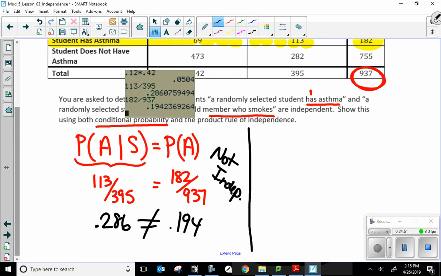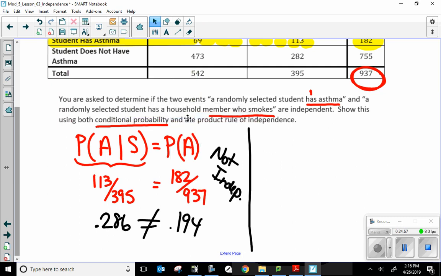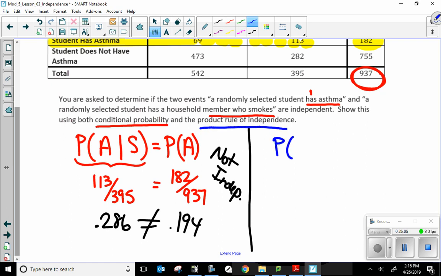Okay, I'm going to get this out of here now. And they want us to do both ways to prove this. So now I've got to use the product rule. That means the probability of asthma, my two events, I multiply them in terms of probability living with someone that smokes equals the probability of them both, asthma and smokes.